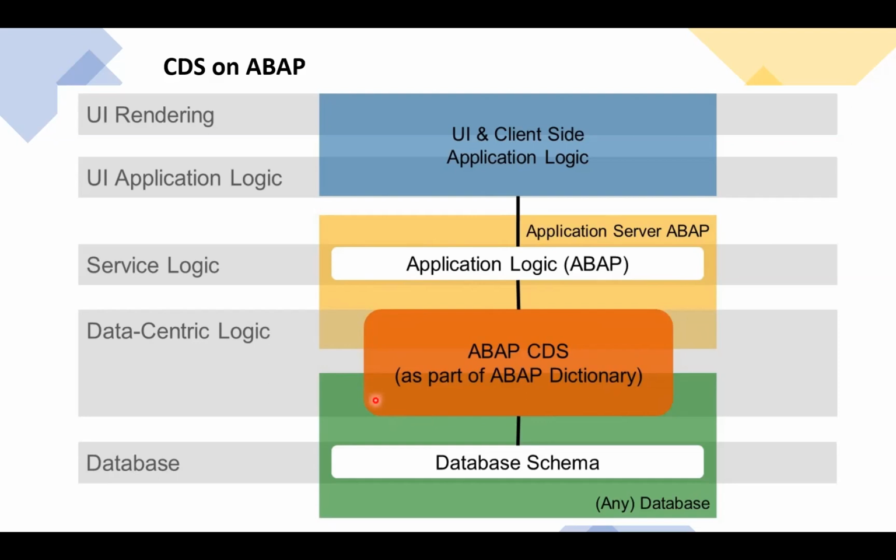So some part of CDS views can be directly built on the database, and some part of CDS views are accessed from ABAP. So these CDS views are also part of the ABAP layer, so whatever has been built on the CDS layer, the ABAP layer can make use of it.